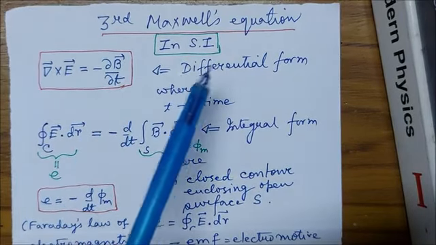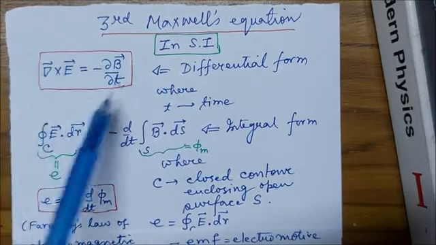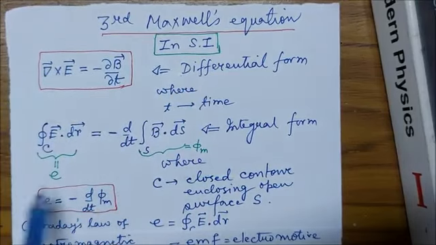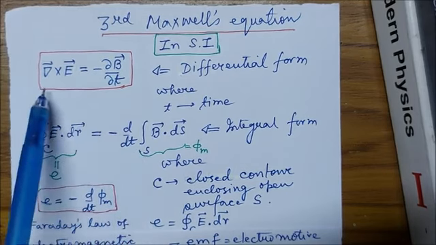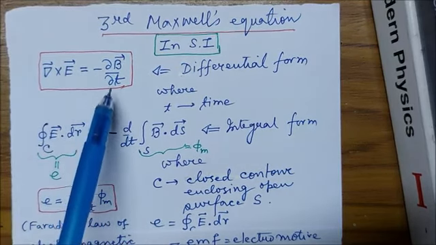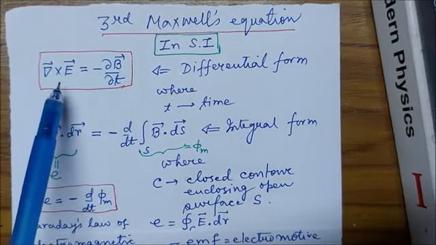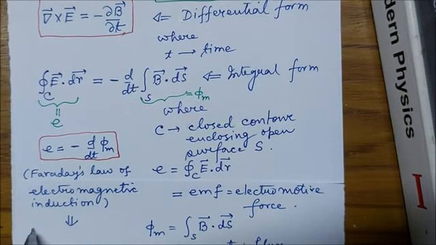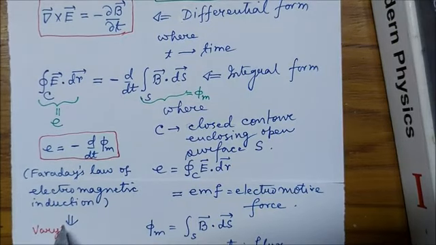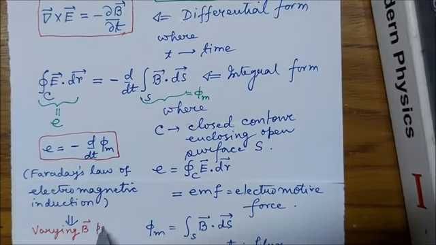So third Maxwell's equation in differential form is this one, and in integral form it is this one, where the integrals are occurring within E and phi m. It is also evident from this expression that variation of B gives rise to an electric field, and that is what Faraday's law of electromagnetic induction says. So in a nutshell, it says that a varying B produces E.